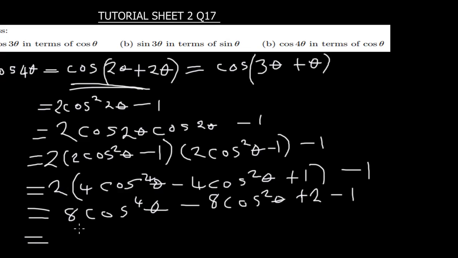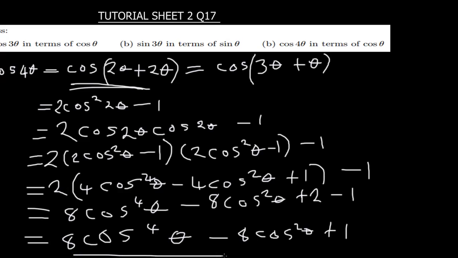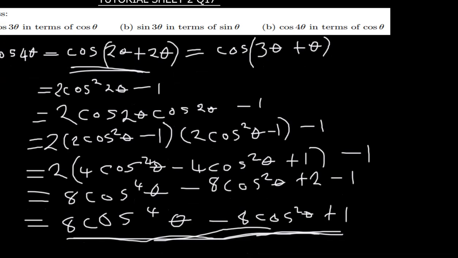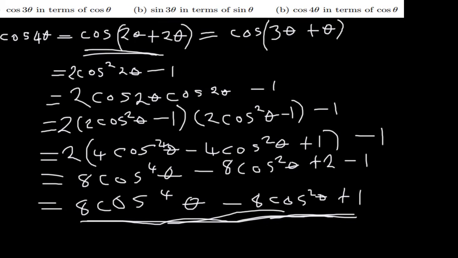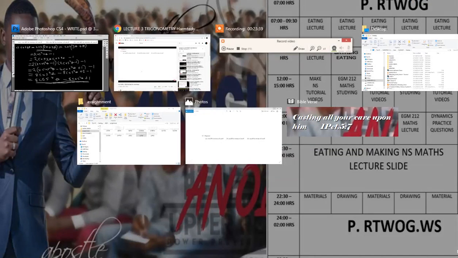And then this again can be simplified: 8 cos to the power 4 theta minus 8 cos squared theta, then 2 minus 1, you get your positive 1 there. So this is your final answer.